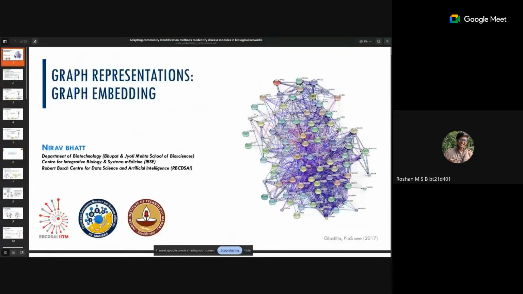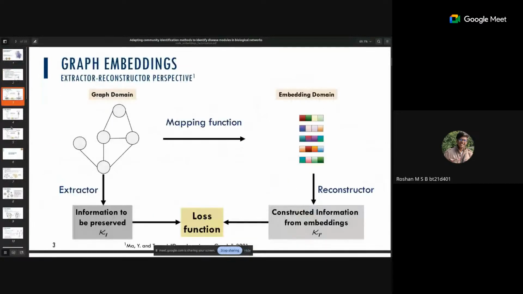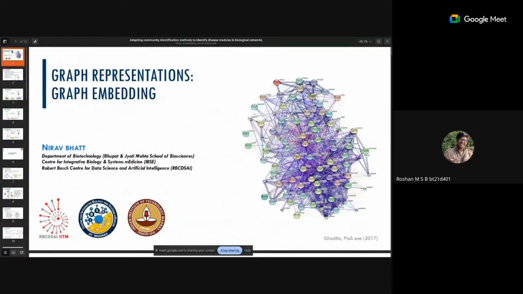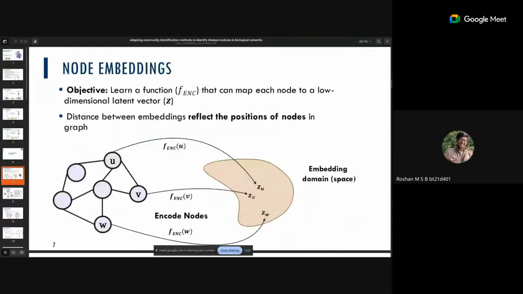So I hope you're all familiar with what a graph is, what nodes and edges are, and so on. Regarding node embeddings, the objective here is to compress this graph, or map it to an embedding domain.